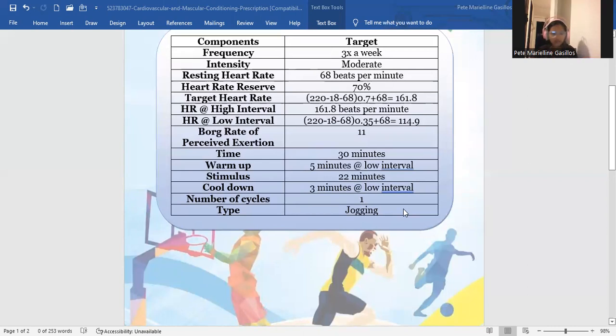I base that on the moderate intensity continuous exercise, as you can see here. My number of cycles is 1. And the type of exercise that I want to perform is jogging.